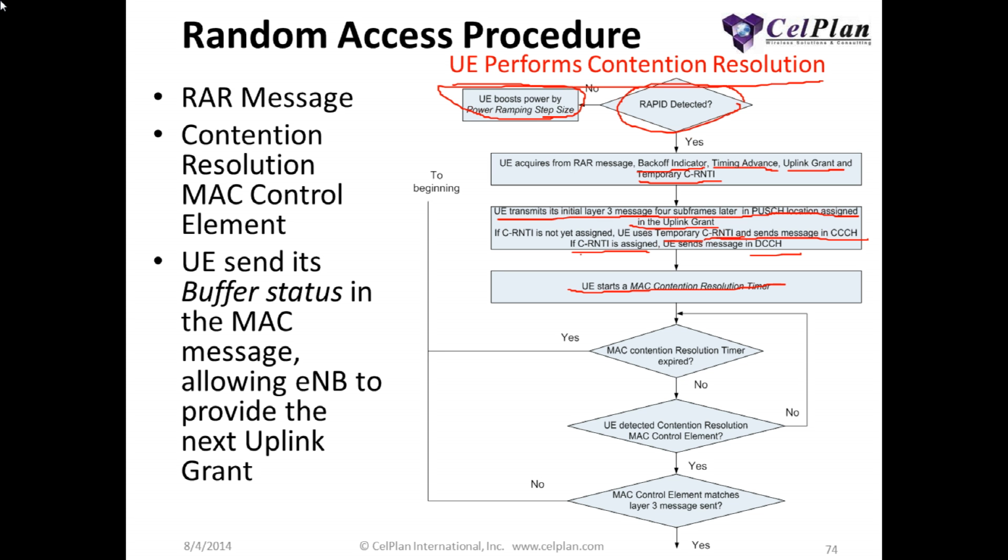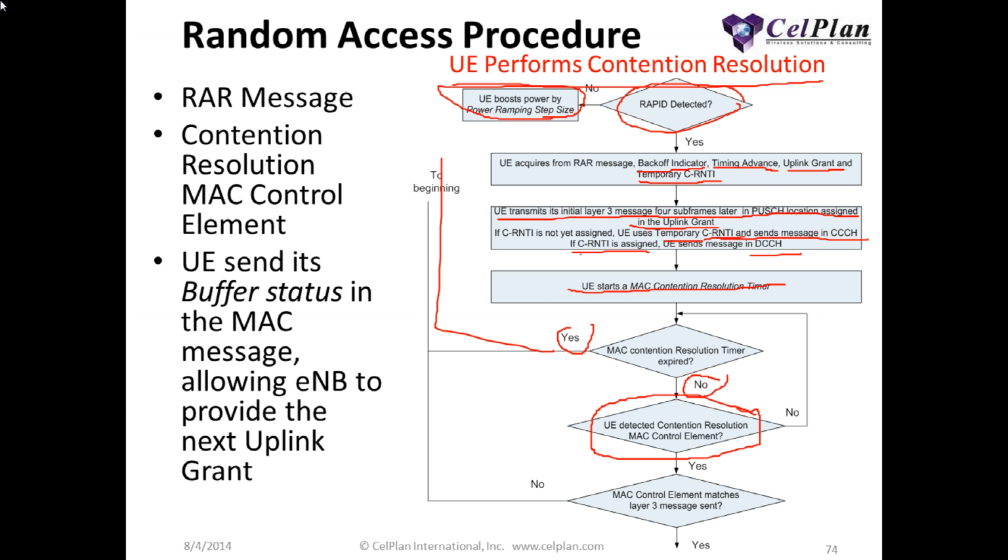If the timer expires, it starts everything from scratch. If the timer doesn't expire and it detects a message, it checks if the message has the same information it sent to the ENB. Basically, what the ENB does is copy and paste the information back, and this information contains the UE data.